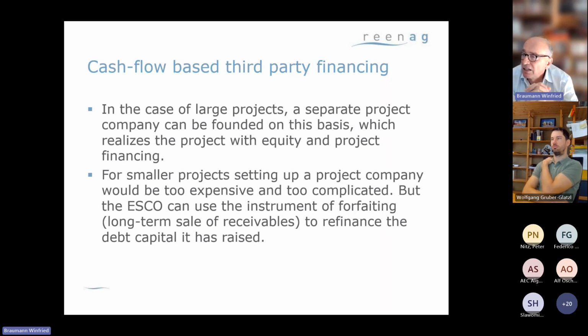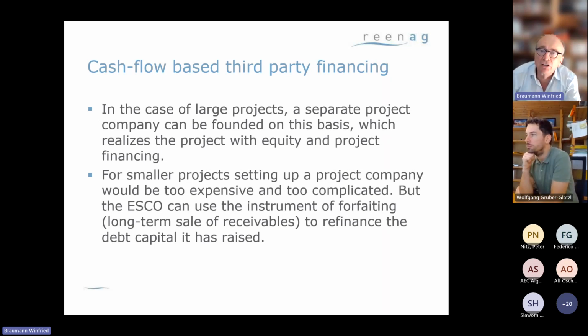In this case, the ESCO can use the instrument of forfeiting, the long-term sales of receivables, to refinance the debt capital it has raised. And this is something, I think, which will now be presented by the next speaker, Sławomir Hus. Thank you very much.